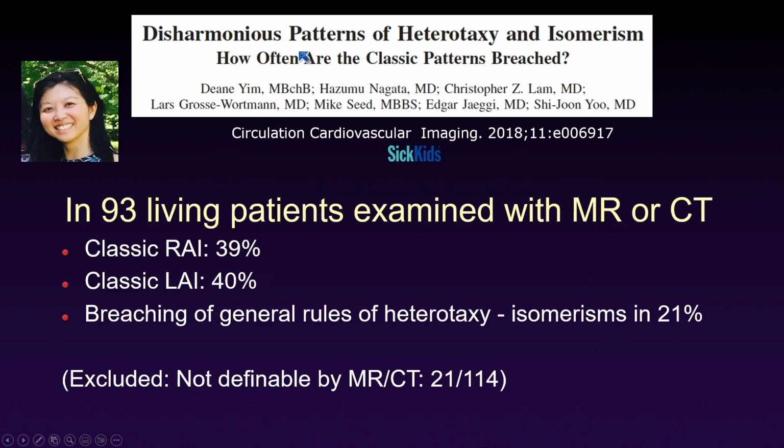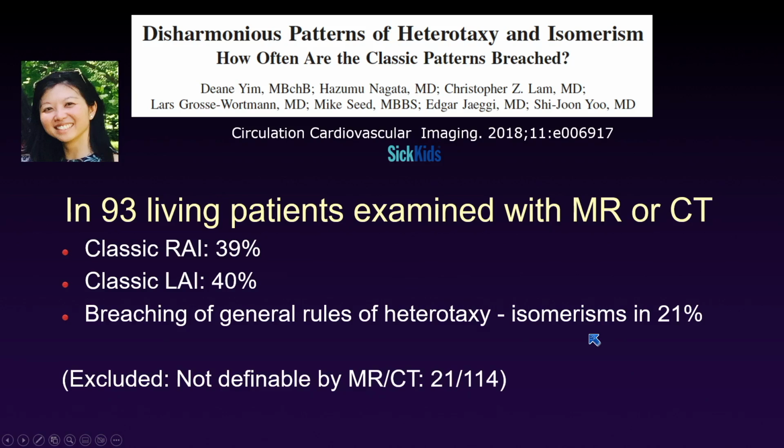Now, this is the classic pattern, and Shi-Jun Yu, who works at my institution, and Diane, were looking at the data after birth, to see how reliable this concordance rule really is. And it's true in 80% of cases, but there was a breaching of the general rules of heterotaxy in 21%.